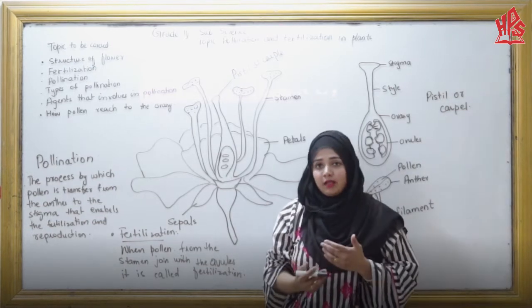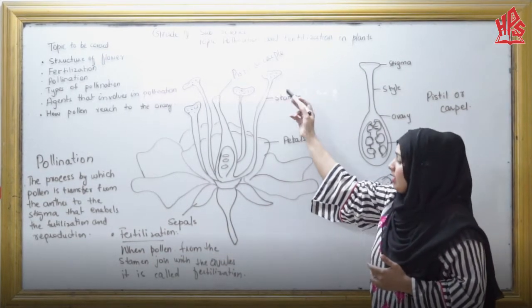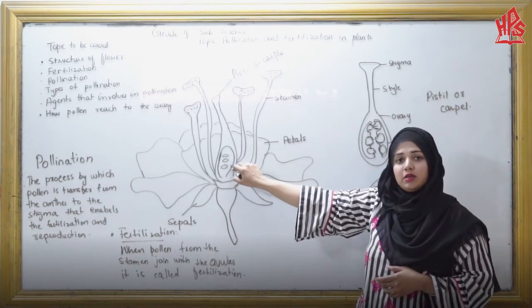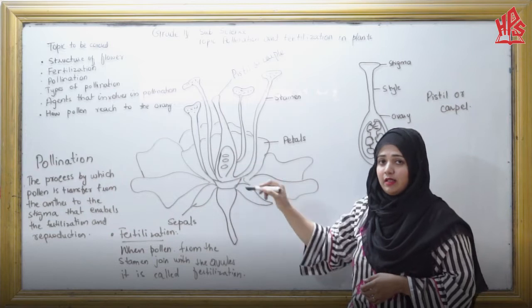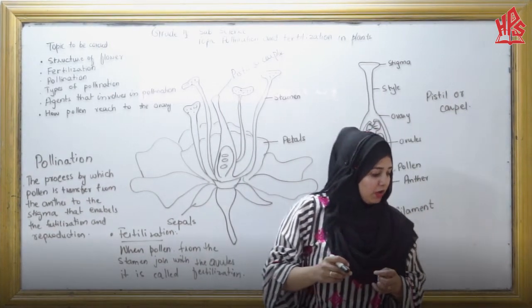Now, what is fertilization? When pollen from the stamen joins the ovules, which are in the ovary of the flower, it is called fertilization. How does fertilization take place?